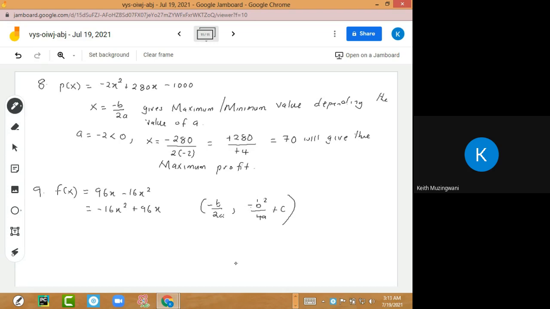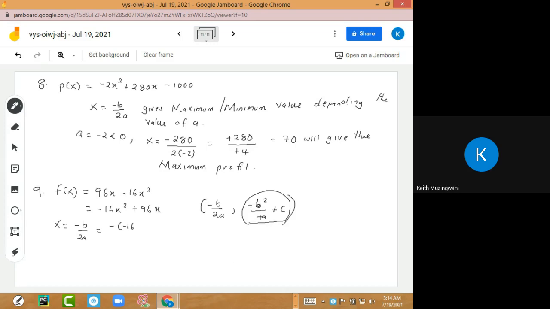This is the formula for the maximum or minimum point. Now, if you have forgotten this, you can as well just find x, negative b over 2a, which is negative 6.